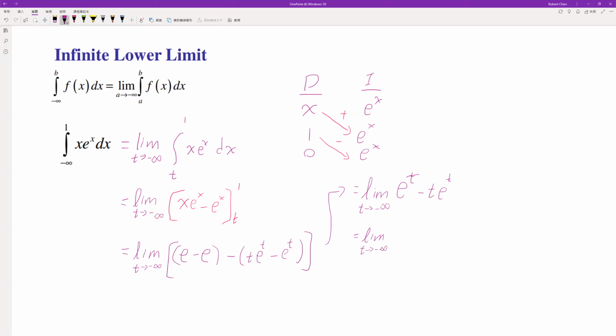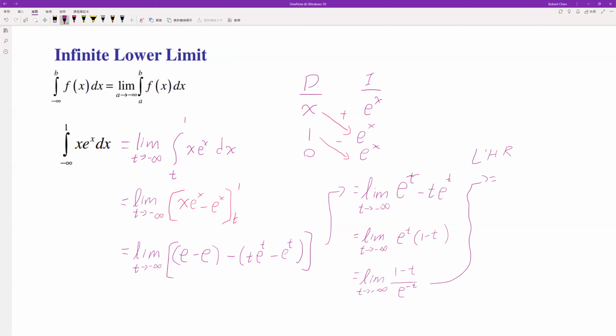To do that, I'm going to factor out e to the t, and then push e to the t down to the denominator. So 1 minus t over e to the negative t. Now we still have an indeterminate form, so we can go ahead and apply L'Hopital's rule.